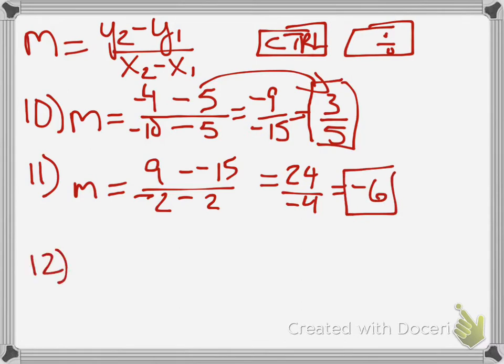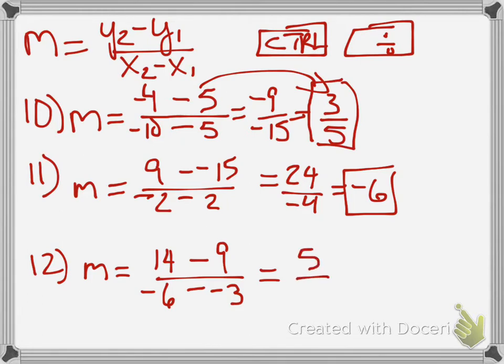And then finally, number 12, the slope is equal to 14 minus 9 and negative 6 minus a negative 3, and that would be 5 over negative 3, so that would be negative 5/3, and I can leave it like that.